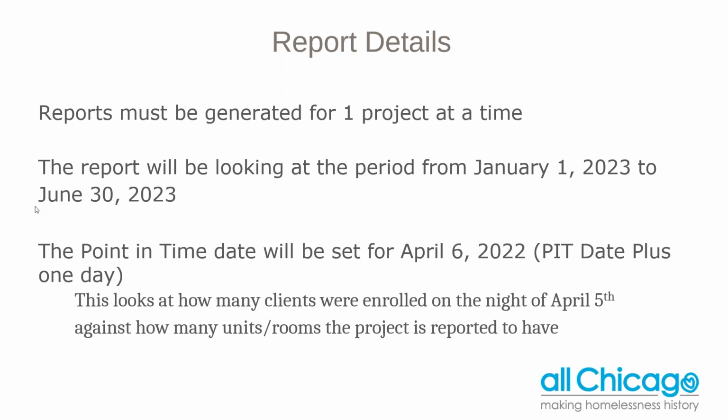The report period will be January 1st, 2023 to June 30th of 2023. The point in time date in the report itself will be set for April 6th of 2023. It says 2022 here, but that's a typo. It is looking at April 6th of 2023.